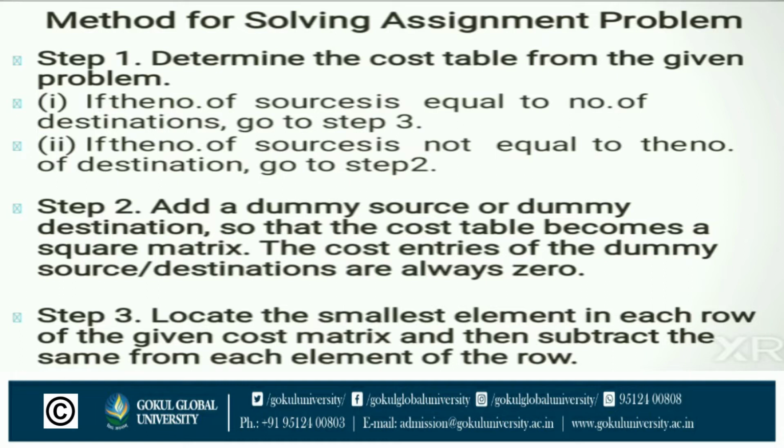If the given problem is not a square matrix, we make it a square matrix by adding a row or a column. The cost entries of the dummy sources or dummy destinations are always 0. So we can use this method for a square matrix.